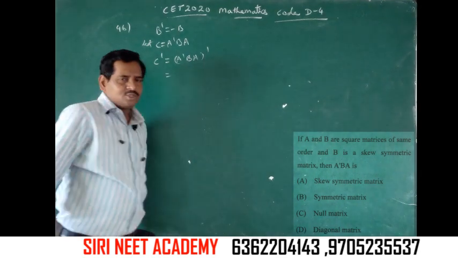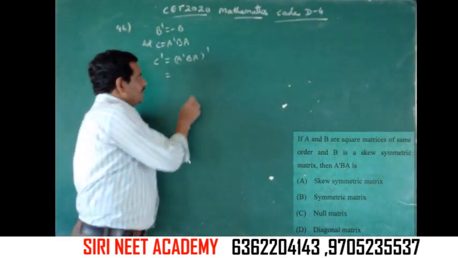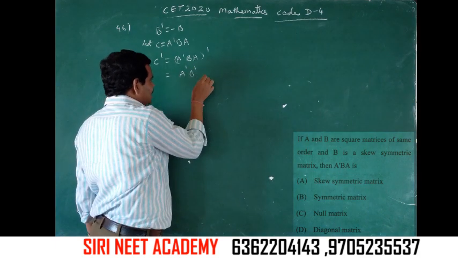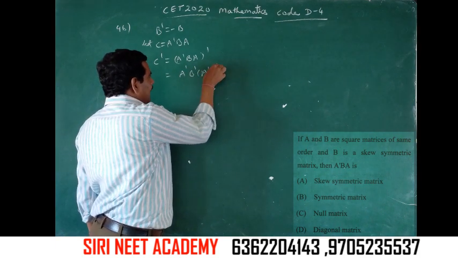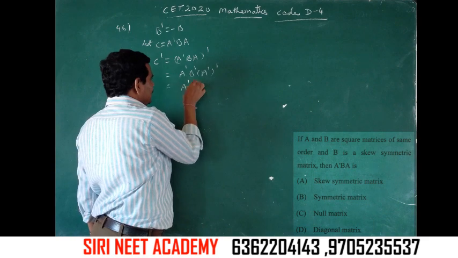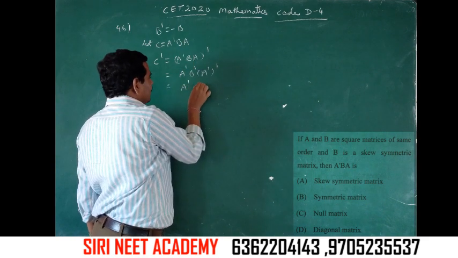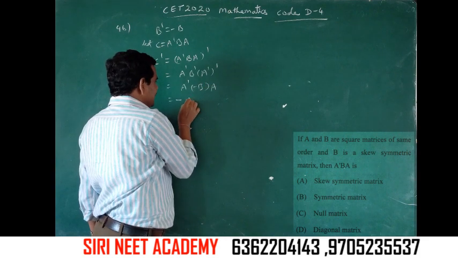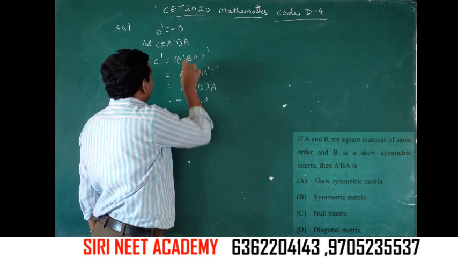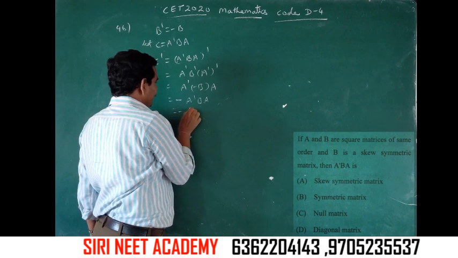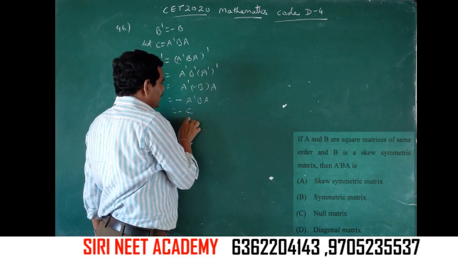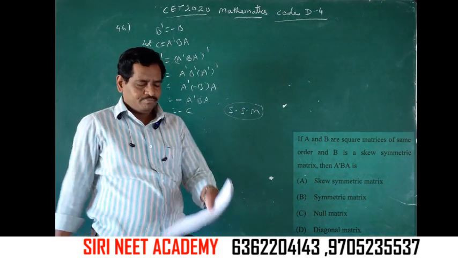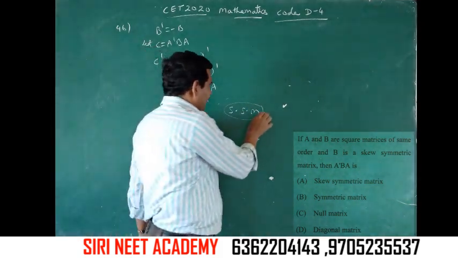A B C whole transpose is C transpose, B transpose, A transpose. So A into A dash into B dash into A dash whole dash. A dash into B dash means minus B. A dash whole dash is A. Minus A dash B A, nothing but minus C. C dash is equal to minus C. So skew symmetric matrix. It means option A.